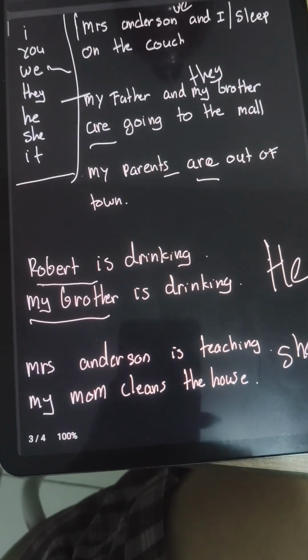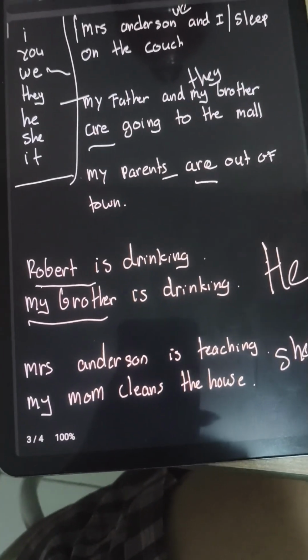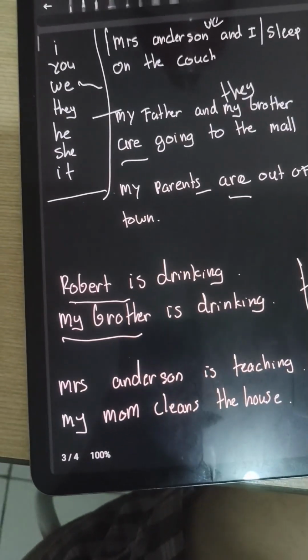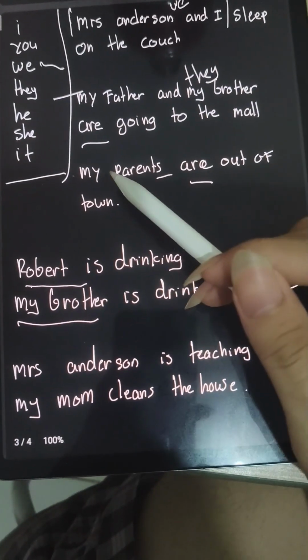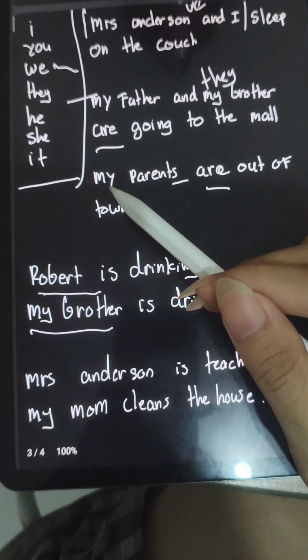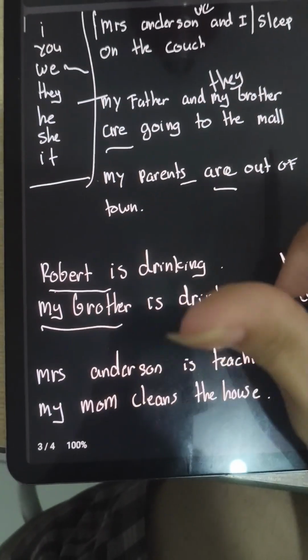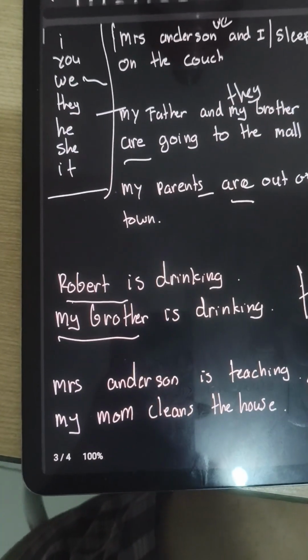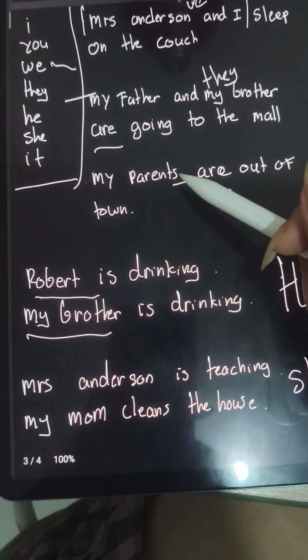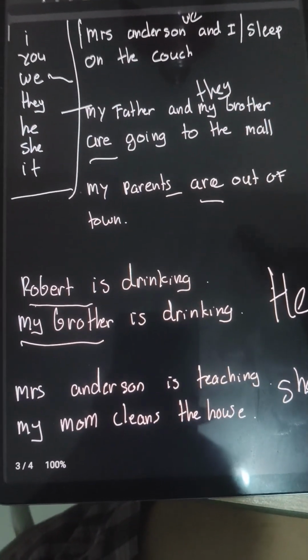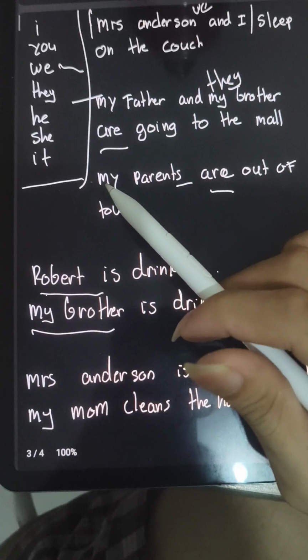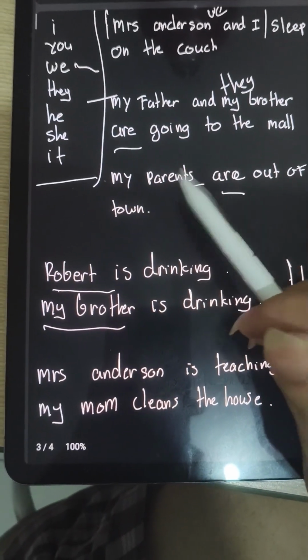So next, my parents are out of town. This is why I said subjects can be confusing. My parents, if you notice, this is my parent, your parent. In this case, parents has s, so it indicates more than one person. So this is both your father and your mother.